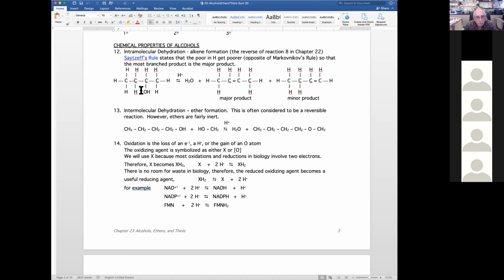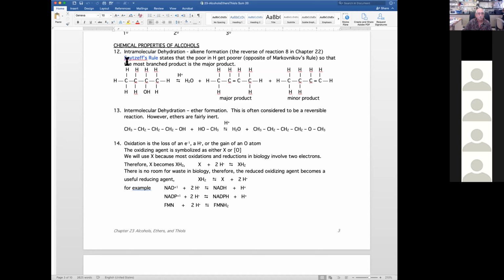So if I take it out from here, the double bond would go right there. So that would be that product right there. If I were to take it out from here, then the double bond would go right there. So that's that product right there. So 2 possible products. Which one is going to be prevalent?